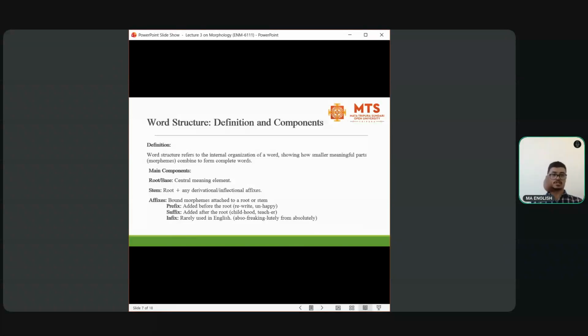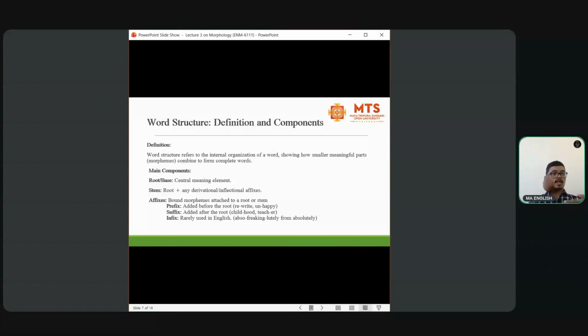The word teacher. Here, the root is teach, right? And an affix that is added is a bound morpheme.